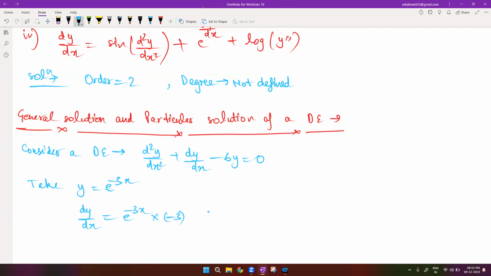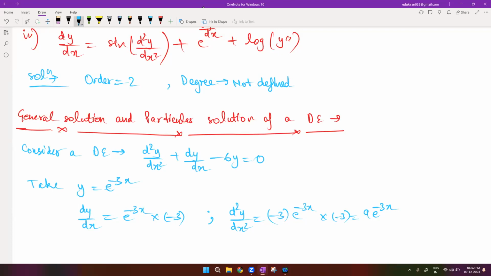Now calculating d2y by dx square, I'm differentiating this equation again. This minus 3 will stay as it is, because it is a constant in multiplication. Now I will again differentiate e to the power minus 3x. This will be e to the power minus 3x into minus 3, so the whole value will be 9 e to the power minus 3x, right?